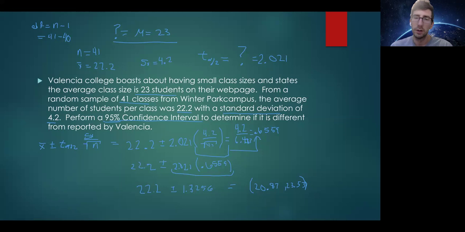So pause here, take a look at our interval and see what you think. I would say that our confidence interval supports Valencia's statement, because 23 is included in this interval. If the true population mean is between 20.87 and 23.53, then the value they've claimed, 23, is inside of our interval.